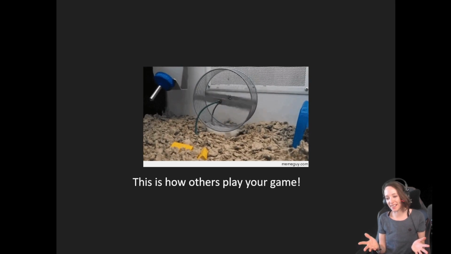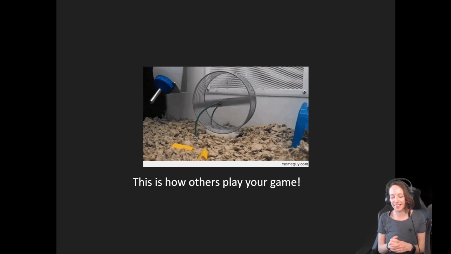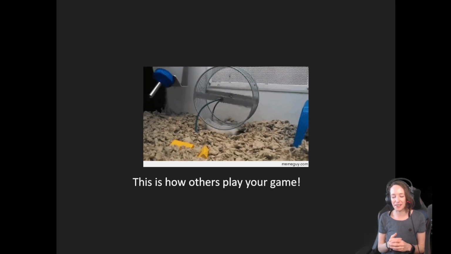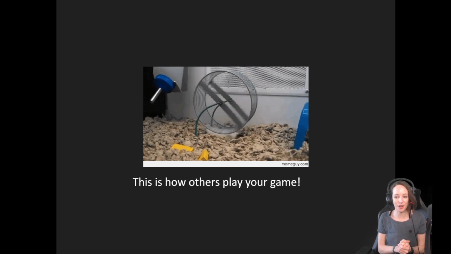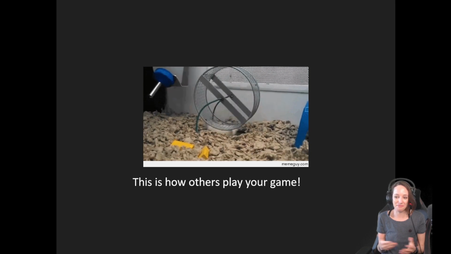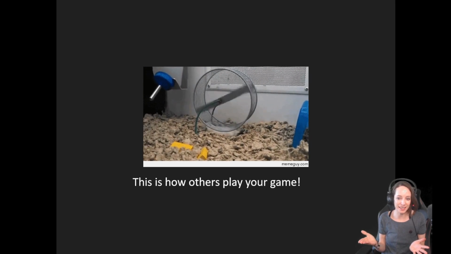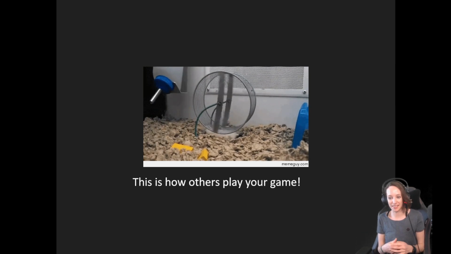We created a lovely experience, in this case this wheel, and I, as a designer, had a clear imagination of how they're supposed to play our game. Meh, this is not how this guy wants to play it, but he is still enjoying our tool, isn't he? So is this good or is this bad?